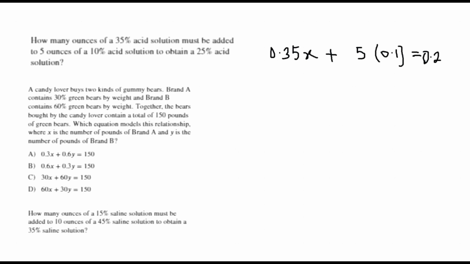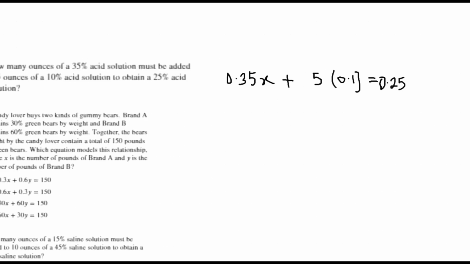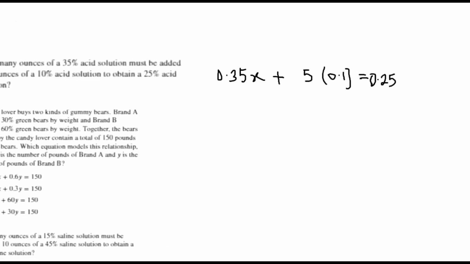So it's percent concentration times the mass, and here should also be percent concentration times the mass. Now the mass here should be what? That of solution A plus that of solution B. Solution A has x and B has 5, so that would be x plus 5.